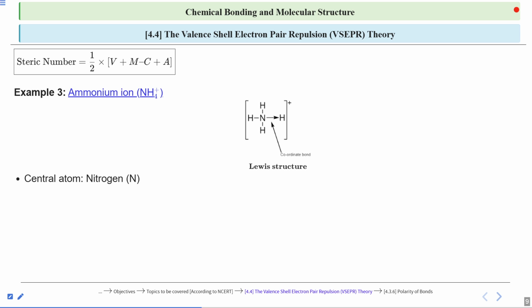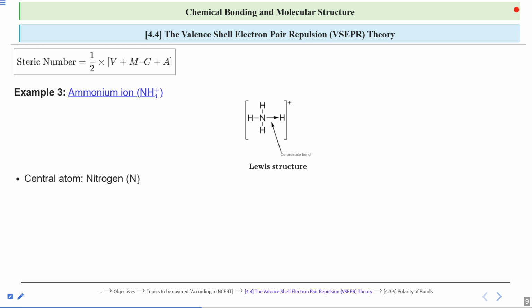Now here you can clearly see that hydrogen is less electronegative, but still it is present as a surrounding atom. Why? Because it is an exception. In most cases, your central atom is less electronegative, except in this case because it's hydrogen.